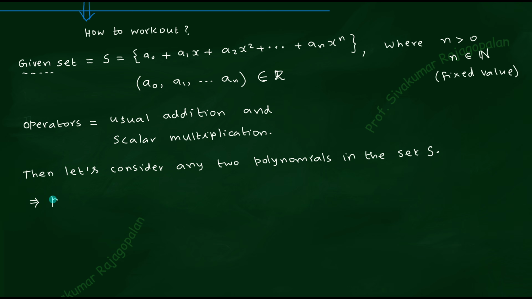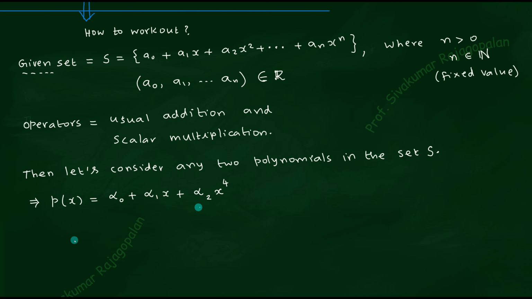Then only you can work. That is the reason why I'm writing like this. So the first polynomial, let it be p of x given by alpha 0, some constant, plus alpha 1 times x, then plus some other constant times x to the power 4, because it is a fourth degree polynomial.